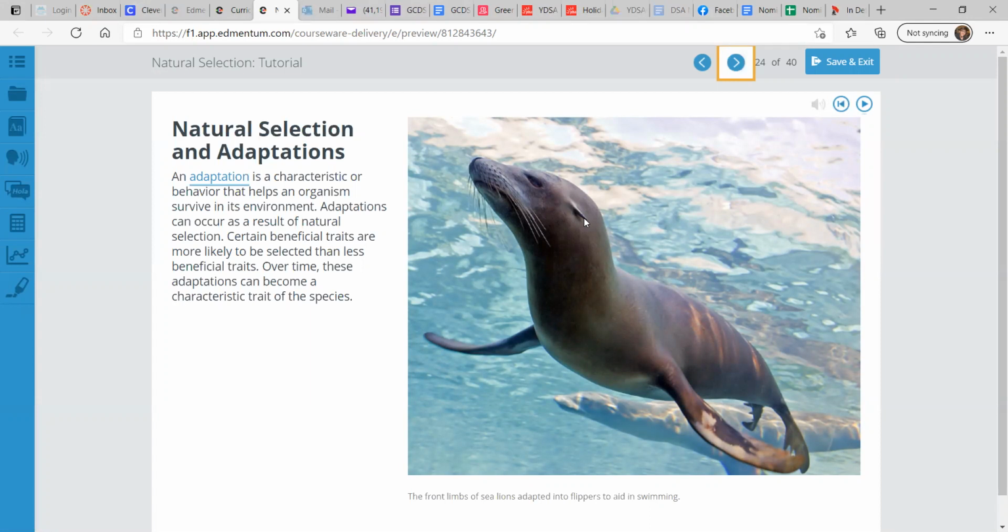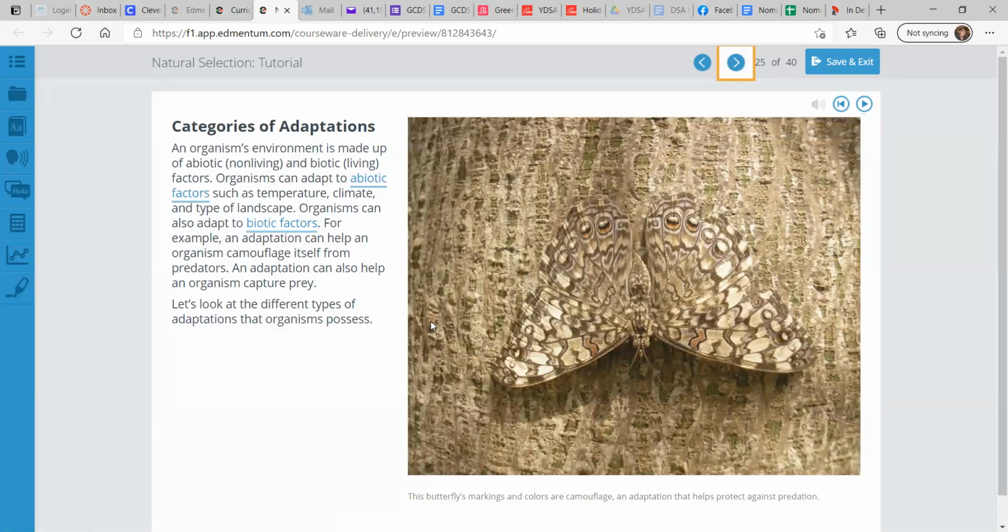So adaptations help species adapt to the environment and through natural selection. So think of adaptations, adaptability. It makes them a better fit in their ecology, in their biome. And there are several categories of adaptations.